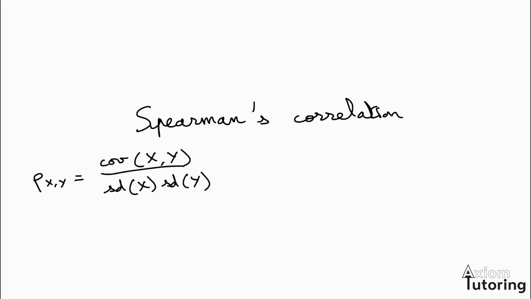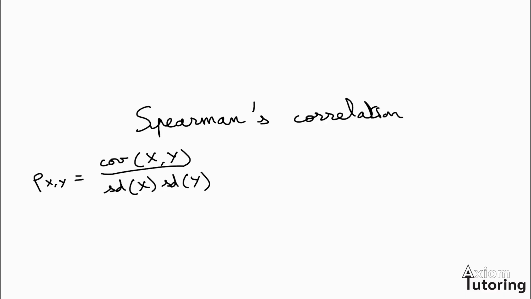So that's why in practice, when we want to know the strength of the correlation between two variables, we usually prefer to use Pearson's correlation rather than the simple covariance. And what we saw last time was that Pearson's correlation is an indication of the strength of the linear relationship between x and y.